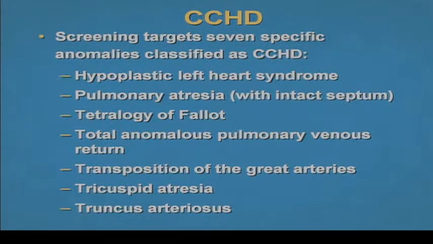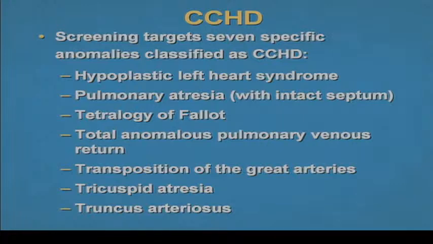And so again, the purpose of the screening is to target those 7 specific anomalies classified as critical heart defects, and they're listed here. And they include hypoplastic left heart syndrome, pulmonary atresia with intact septum, tetralogy of Fallot, total anomalous pulmonary venous return, transposition of the great arteries, tricuspid atresia, and then truncus arteriosus.